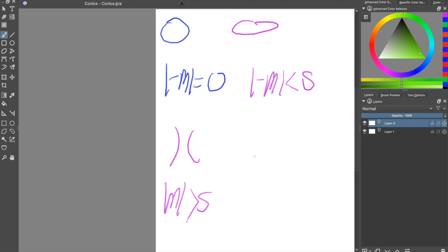And finally, for a parabola, absolute value of m is equal to s. And now you know the basics of a conic.